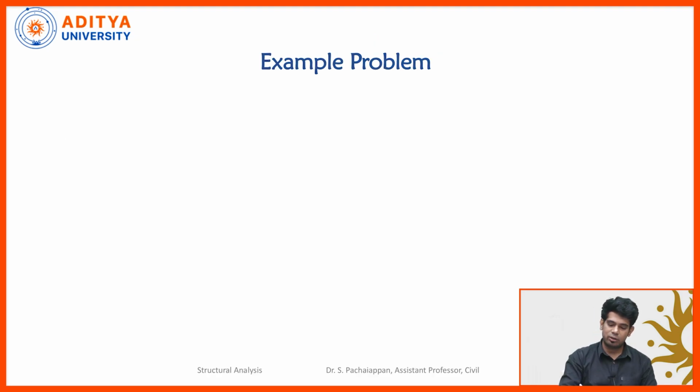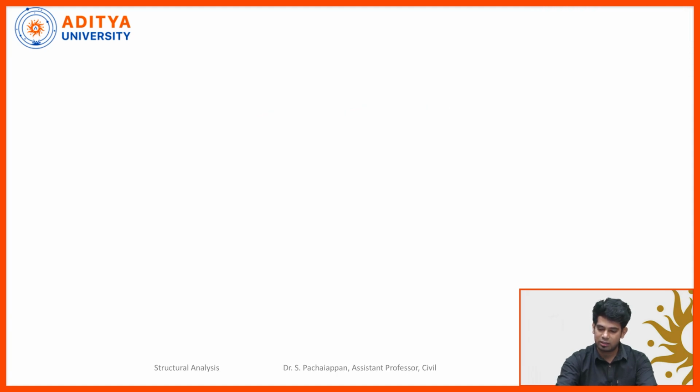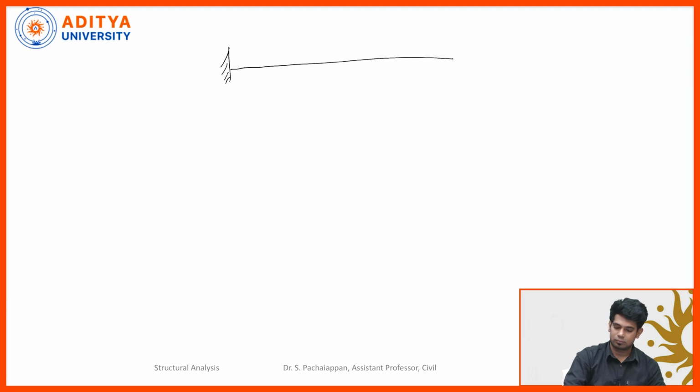So simply, I am going to take the beam which we already discussed in the last lecture. Let's draw that beam. So this is the problem we discussed in the last class, which has two spans.